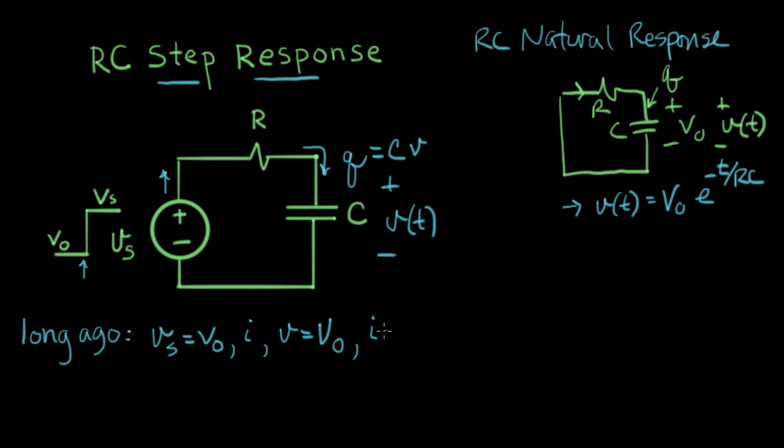Then I went to 0. And the reason we know I went to 0 is because the voltage across this resistor, let me label it like this, we'll call it VR. Eventually, this side was V naught, and this side became V naught. And that's 0 volts across the resistor, so that means the current goes to 0.